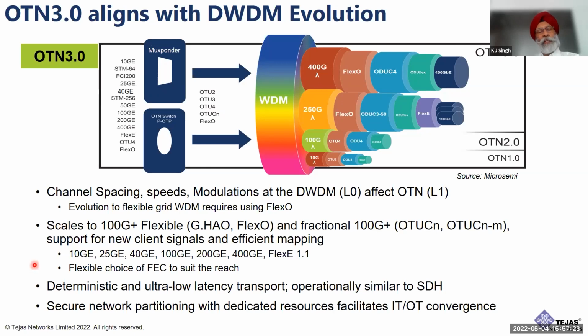One of the interesting things that's happening is OTN in its original form had a fixed Reed-Solomon code, but today there are different choices with different error correction capabilities that provide you gain in terms of the signal to noise ratio that you can achieve.